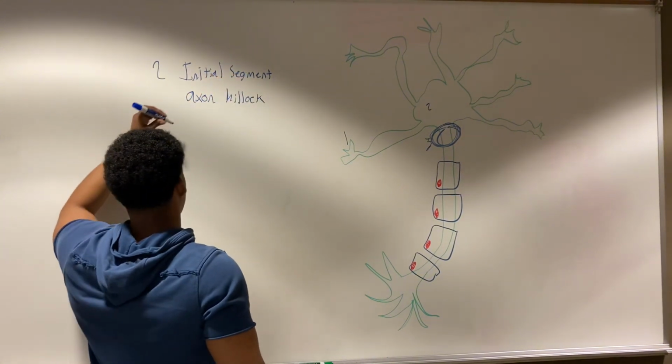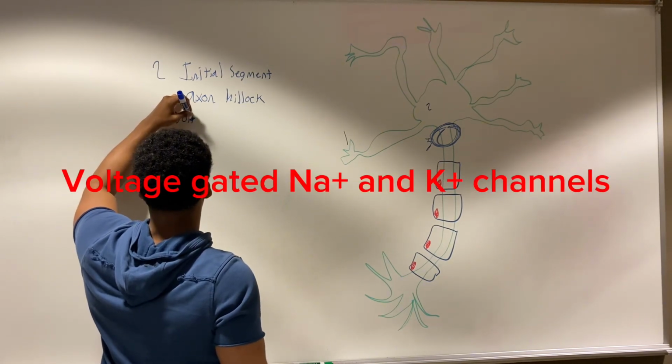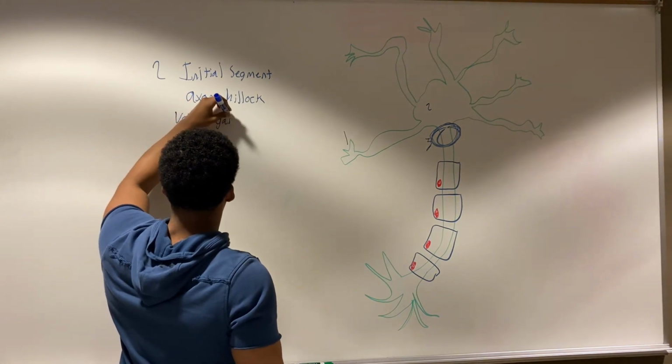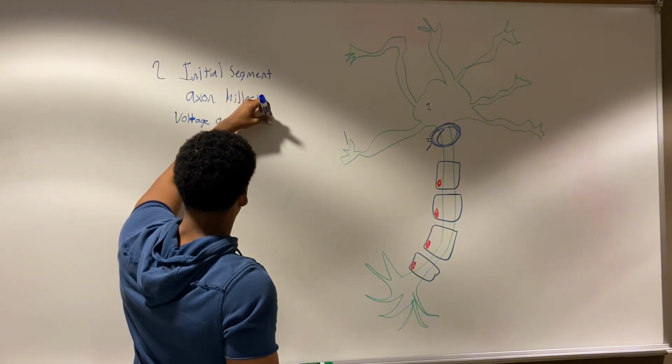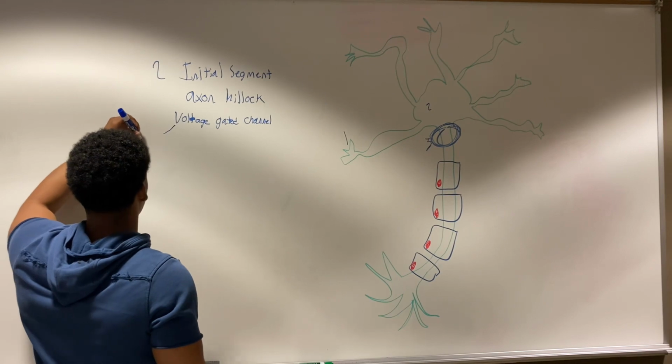And this contains a voltage gated channel. Voltage gated channels, like the chemically gated channels, are usually closed.